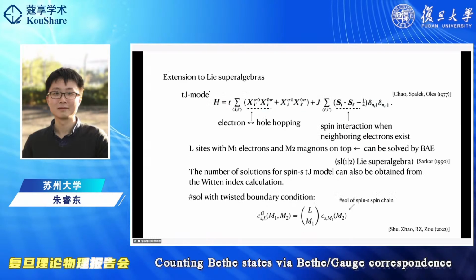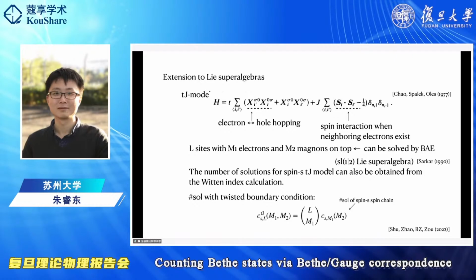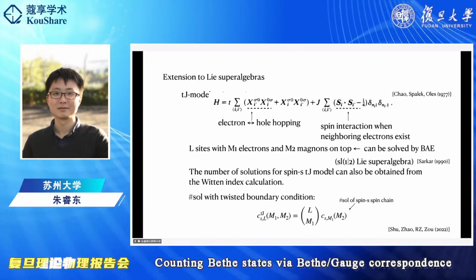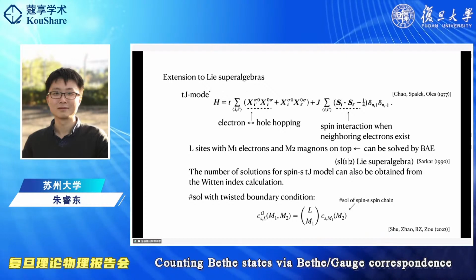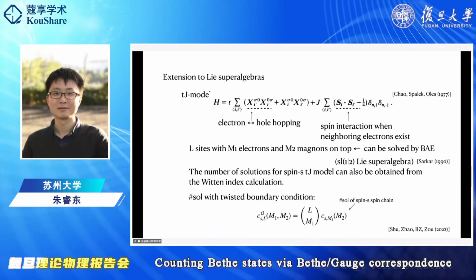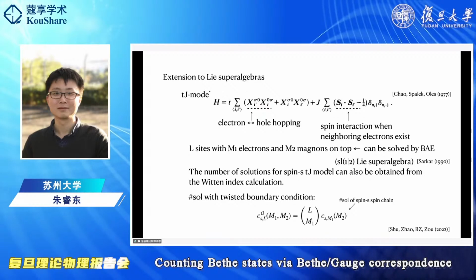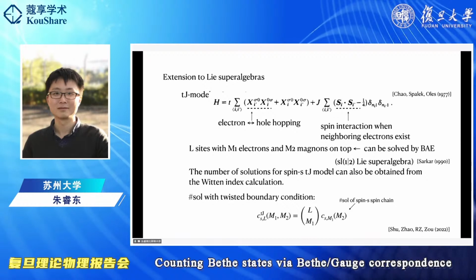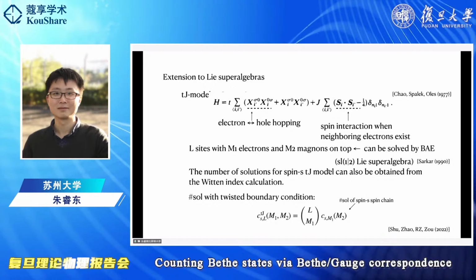And one interesting thing I would like to stress at the end is that it also works for the super algebra case. In this case, we can consider some very strange model called the t-J model. We have electrons and holes in the theory, we can have some hopping and also spin interaction among these electrons.